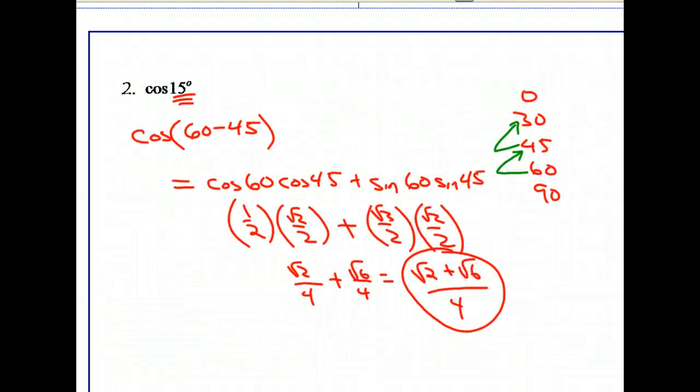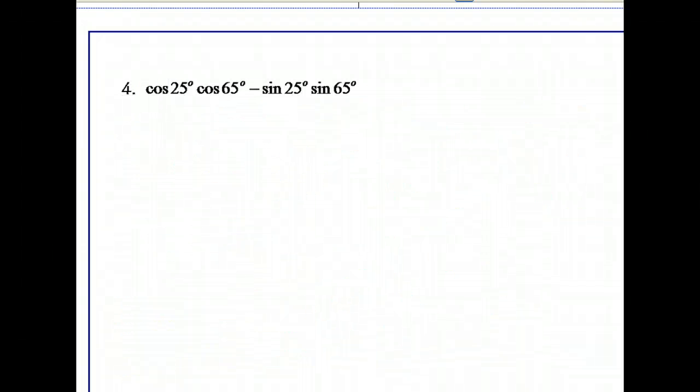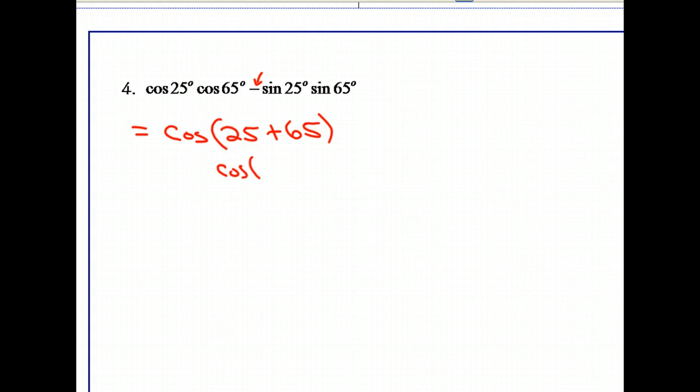That's the right side. So replace it with the left side, which would have been the cosine of 25. Since this is a minus sign here, it's a plus sign here. So 25 plus 65 is 90. And I know the cosine of 90. It's 0.